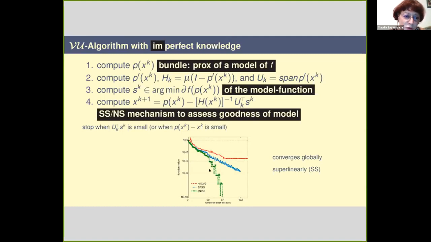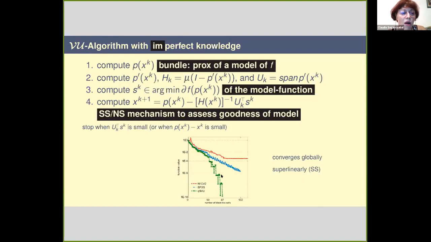Here the superlinear improvement is from this one to this one. But all those here didn't give any kind of improvement. Those are the null steps, when we were improving our model until it was sufficiently good and we could do a superlinear move. So this is the explanation of the zigzag that we observe in this plot.